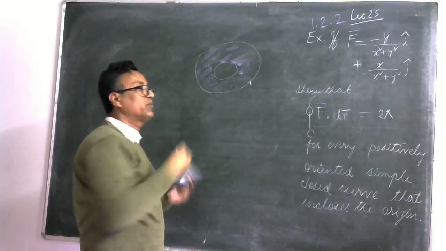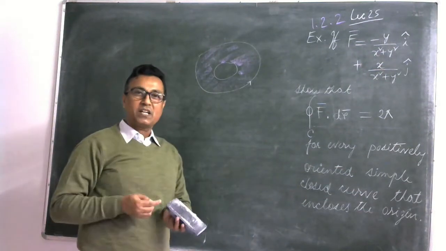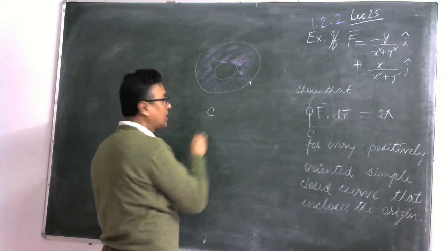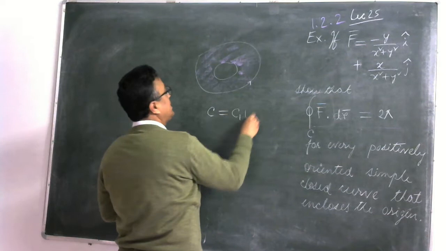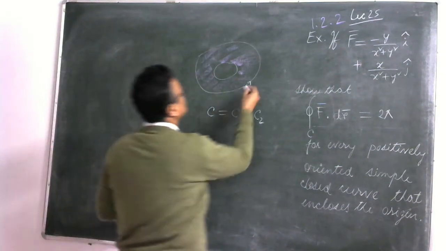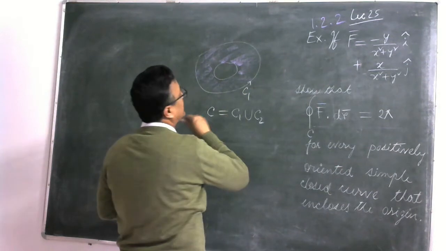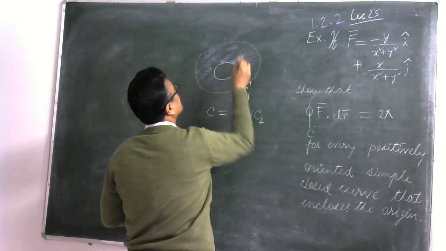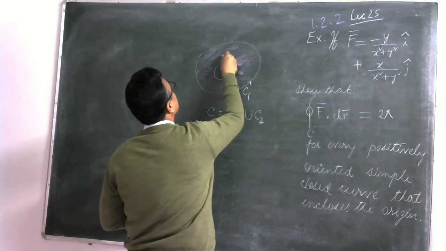What happens if we say that it is bounded by a curve C? Here, of course, it is bounded by curve C, which is nothing but the union of two curves, C1 and C2. Say this is C1, and suppose this curve is C2.